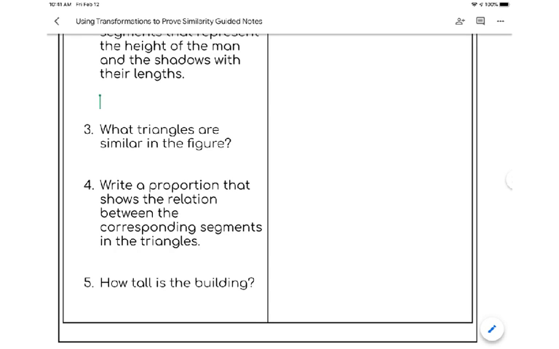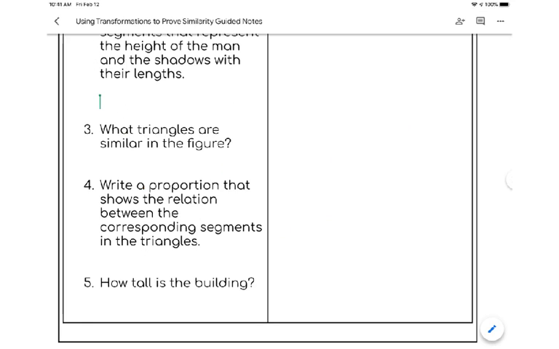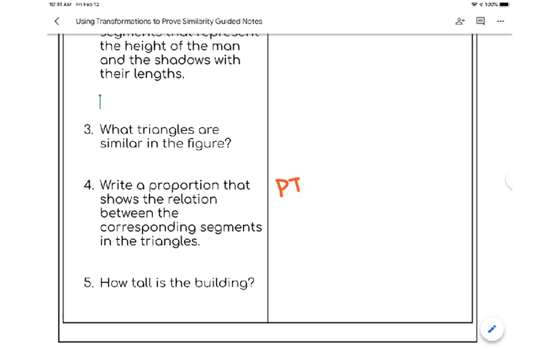So the next question says, what triangles are similar, so we already answered that question. Write a proportion that shows the relationship between the corresponding segments in the triangles. Well, going back, let's just look at PT first. So that's the height of the building. So PT is going to be proportional to, what side is corresponding?